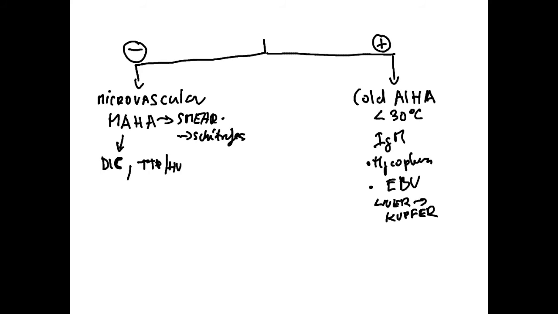TTP-HUS is a disease where, when there is a decreased level of ADAMTS13, there is a big polymer of von Willebrand factor, and this increases clotting. Remember, it's also connected with E. coli O157:H7.